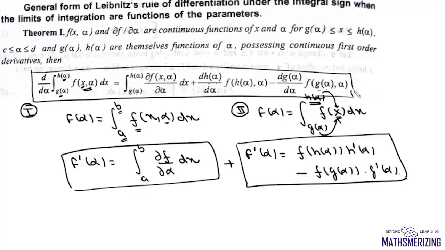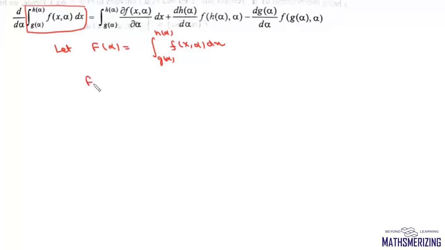Now we'll prove this result. We'll take this integral as some function, say capital F. Let capital F(alpha) be the integral from g(alpha) to h(alpha) of f(x, alpha) dx. Now we'll write F(alpha plus delta alpha).